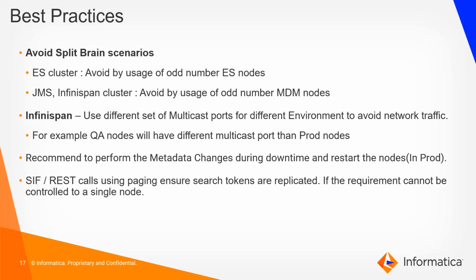Although the messages will be discarded, the network traffic is flowing in. Why will the messages be discarded? Because the cluster name would be different, as it involves the database host name and IP, right? So there will be a different cluster name, but to avoid this network traffic flowing in, use altogether a different set of multicast ports for the different environments.